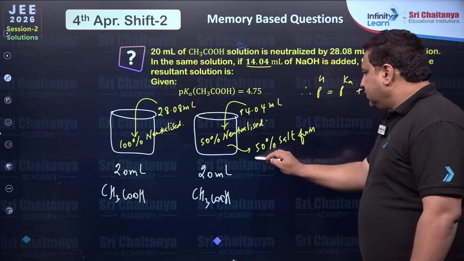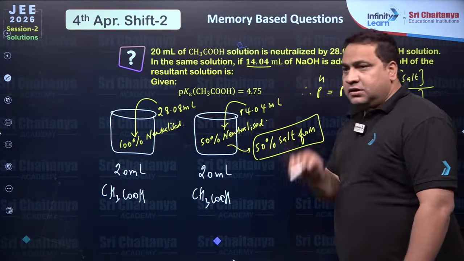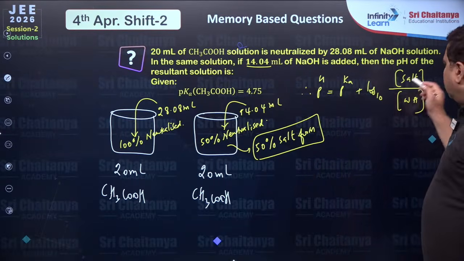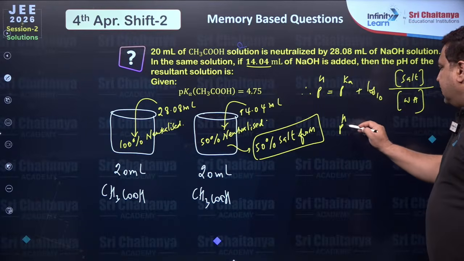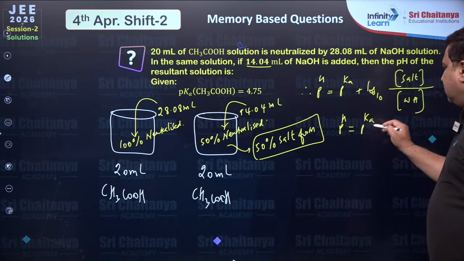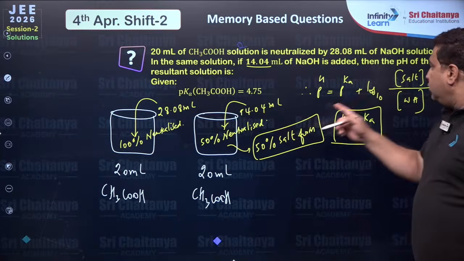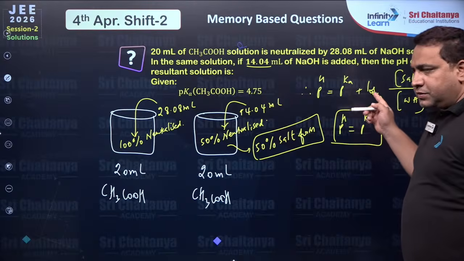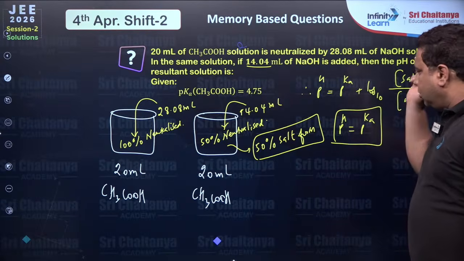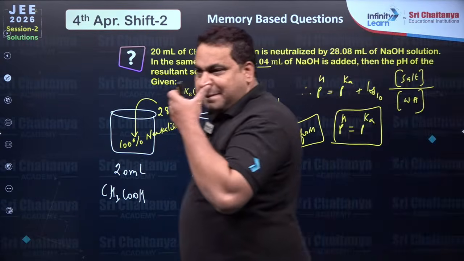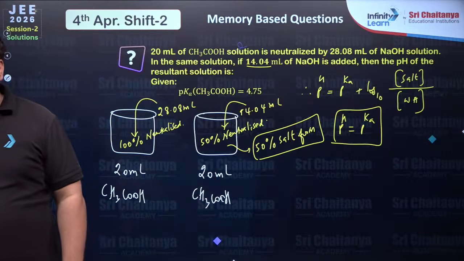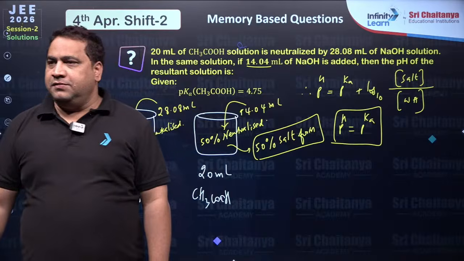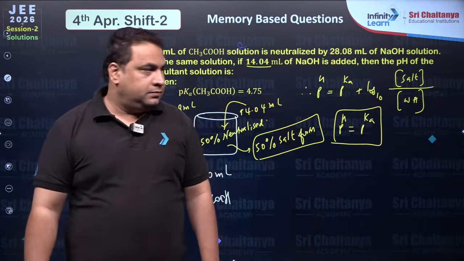Then if both are same, at this scenario pH will become equal to what? pKa, because the same values cancel. Log base 10 of 1 is 0, and you are going to get pH is equal to pKa. Agree? Right?